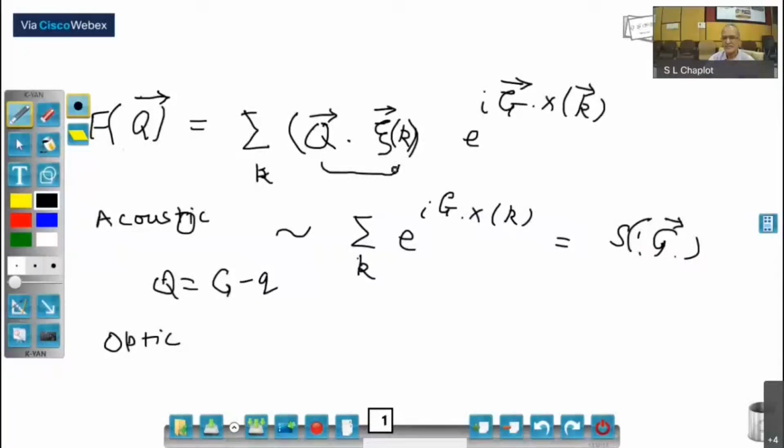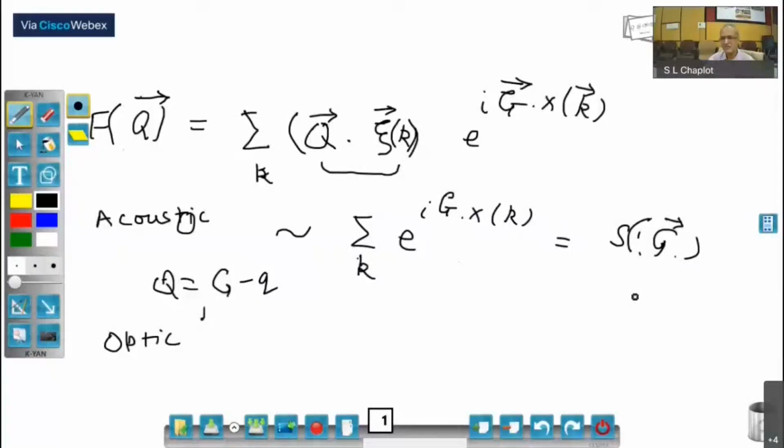And in such a case, you get a cancellation of terms. So all the terms will not add up like this, but you might have a change of sign here, which means that a very strong reflection for a G will not be very strong for the optic mode.